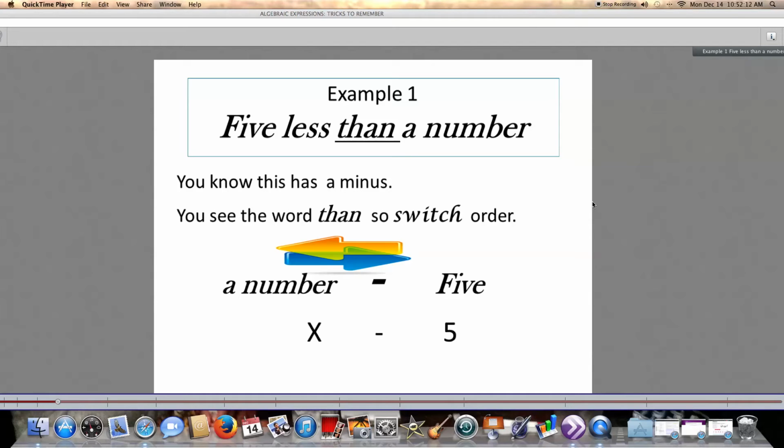Here, the first thing you see is that 5 is written first, but since you see the word than, you're going to write 5 at the end. And then you see the words a number at the end, so you're going to write a number at the beginning. When you see the words than or from, you switch the order. And now you can write your algebraic expression x minus 5.